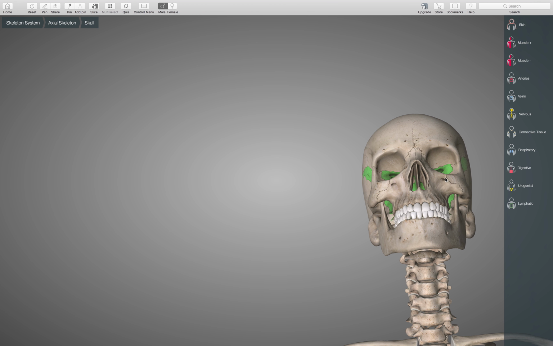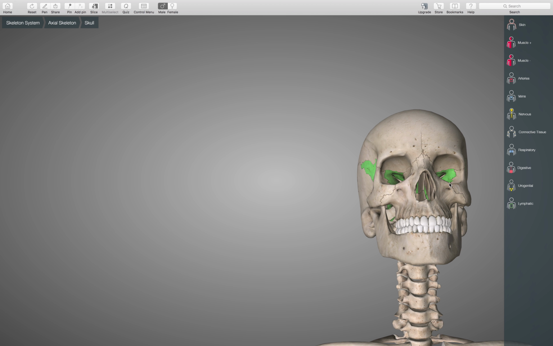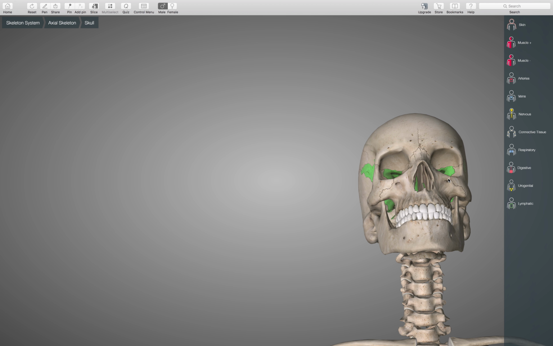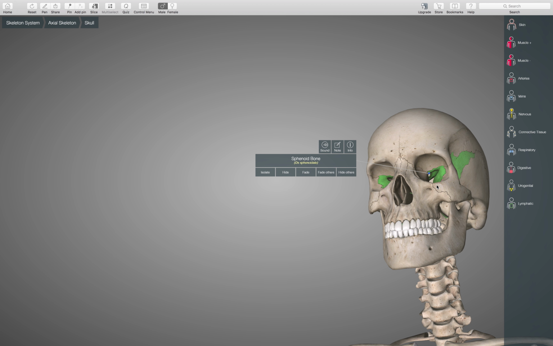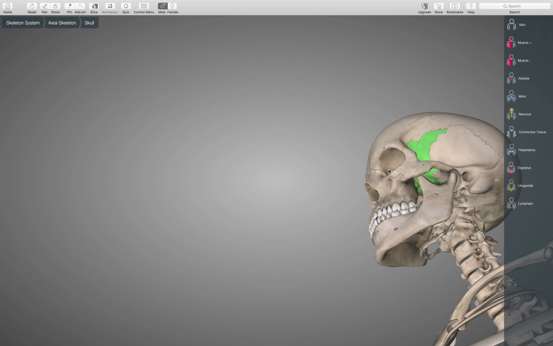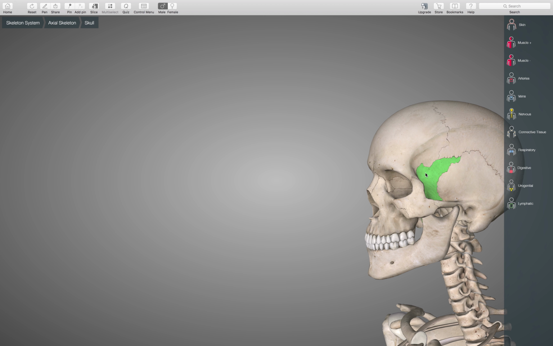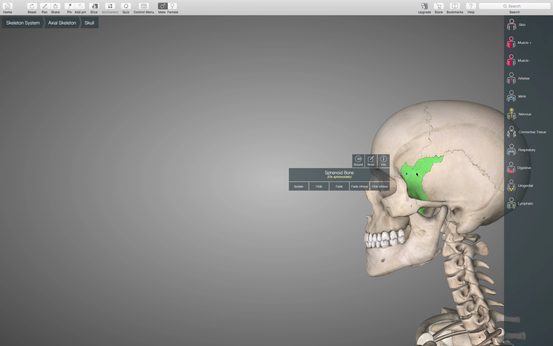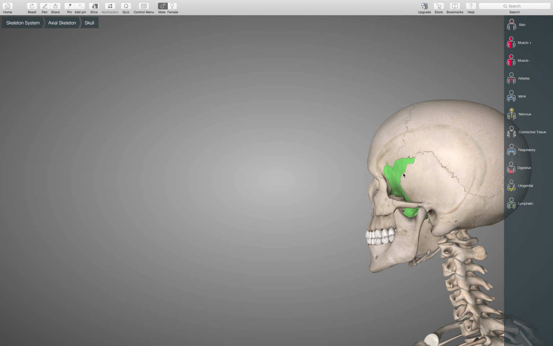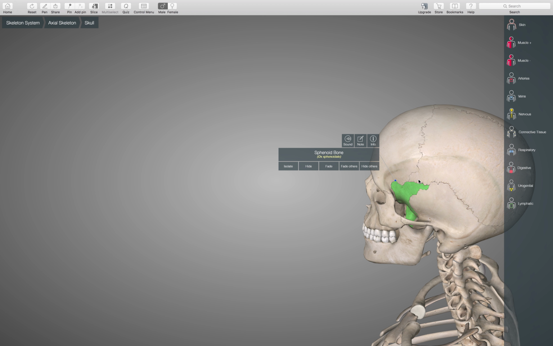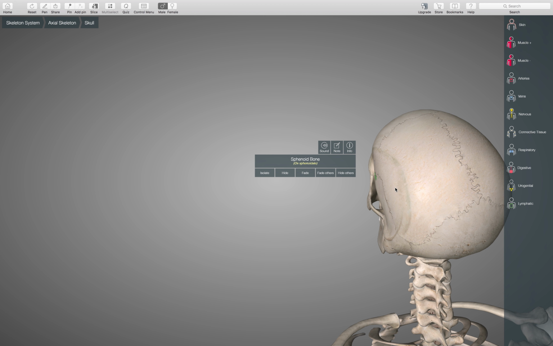We are able to see it on the inner side, called the sphenoid bone. This part of the bone is fragile and easy to break. Some punches on this bone will easily hit the brain and cause a coma.